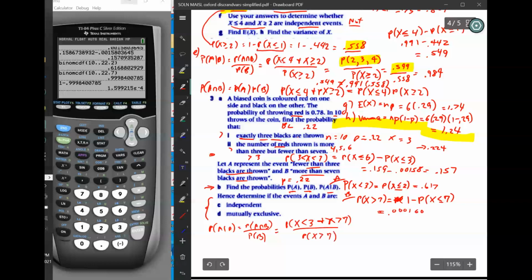So the probability of A intersect B divided by the probability of B is going to be 0 divided by something that's not 0. So it's just 0, okay? So the probability of A given B is 0.